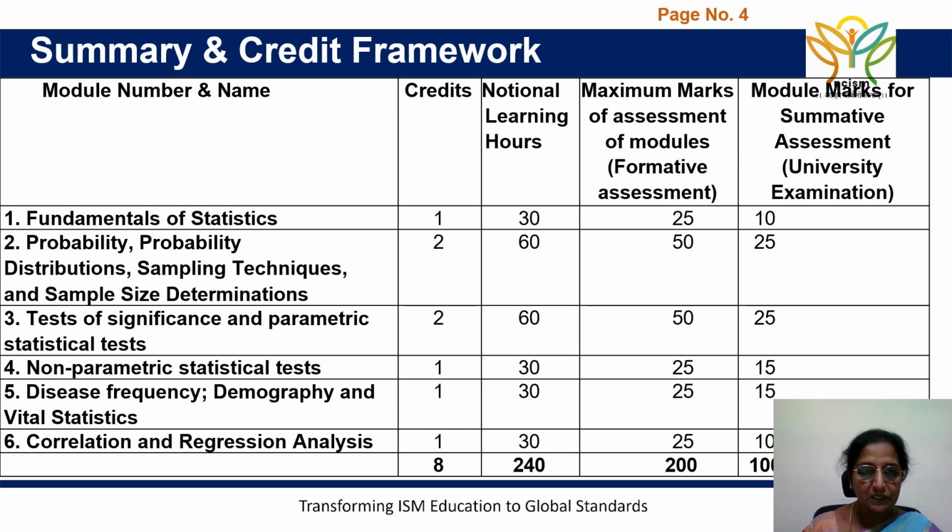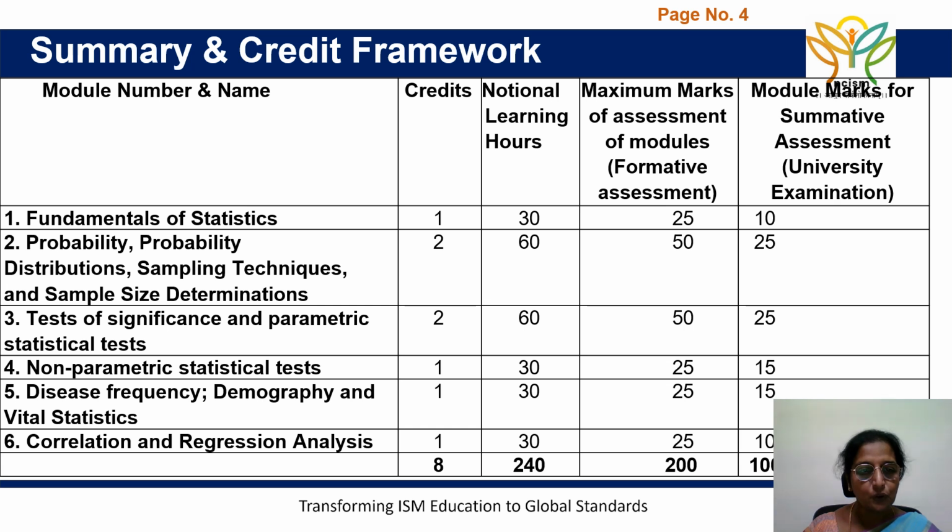First module, Fundamentals of Statistics, carries 1 credit with 30 notional learning hours, 25 marks for formative assessment and 10 marks for the summative assessment. Coming to the second module, Probability and Probability Distributions, Sampling Techniques and Sample Size Determination, it carries 2 credits, 60 notional learning hours, 50 marks assigned for the formative assessment and 25 for the university examination.